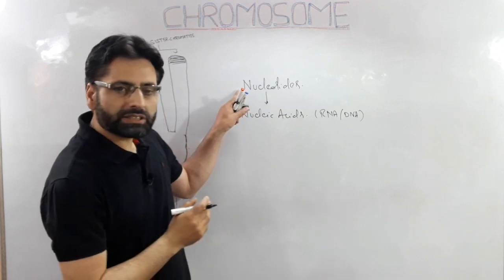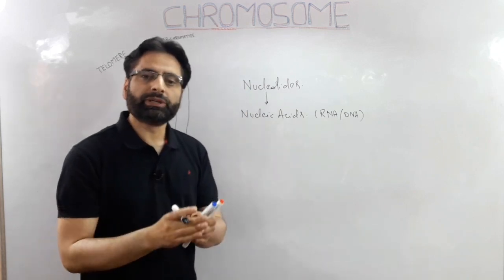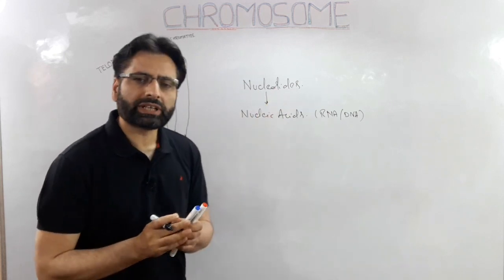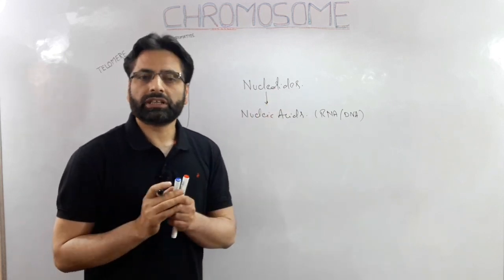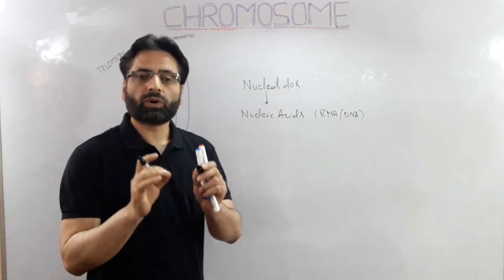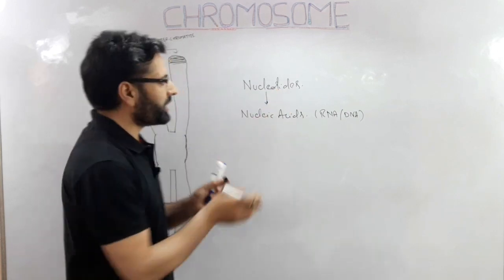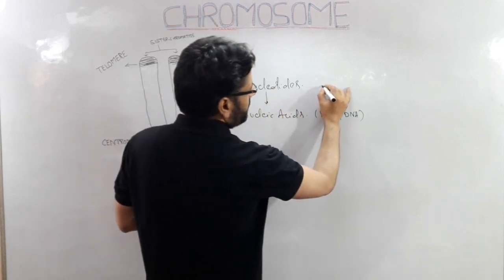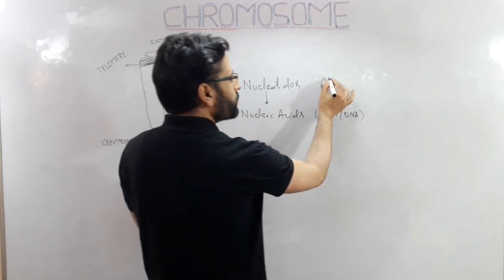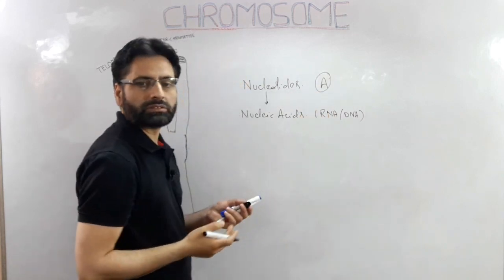Here the nucleotide acts as a building block, but so far as the individual identity of a nucleotide is concerned, it is meaningless. That is, a nucleotide at the individual level does not have any meaning. For example, if you consider deoxyadenosine monophosphate, this nucleotide does not have any meaning.